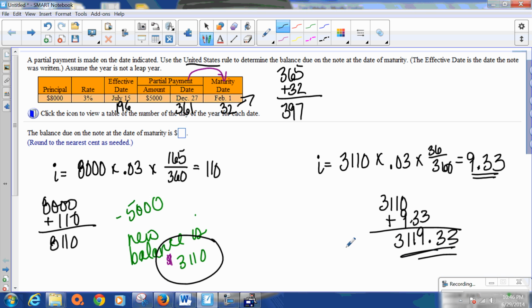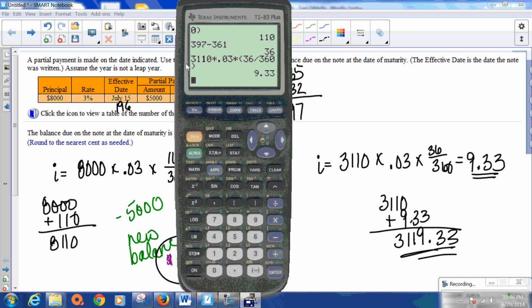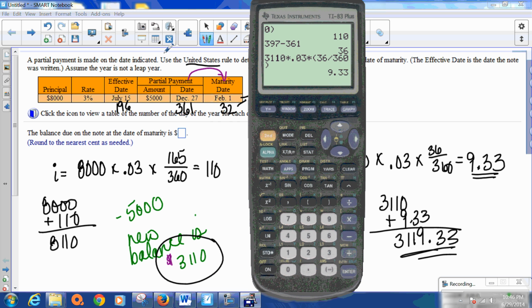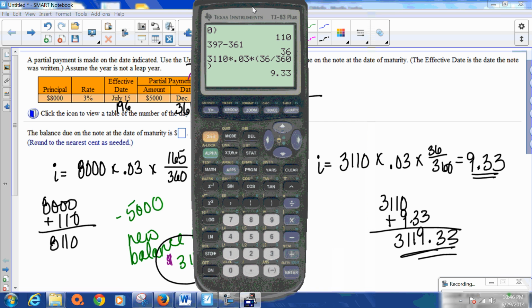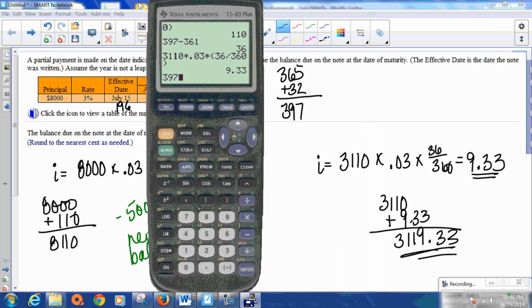How much did it really save you to go in and give them this $5,000? Had you just left it, and you didn't go in on December 27th, you just sat there from July 15th to February 1, you would have had that money out for a total of 201 days. The whole time, the $8,000 would have been earning interest, not $8,000 for one part and $3,000 for the other part.